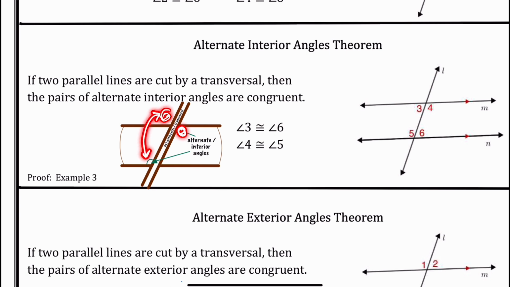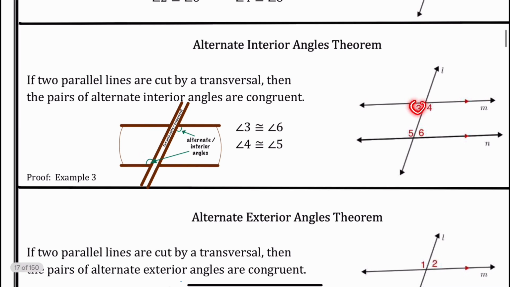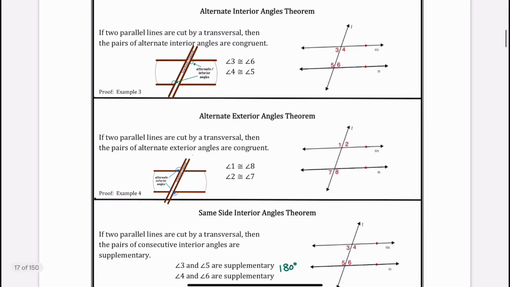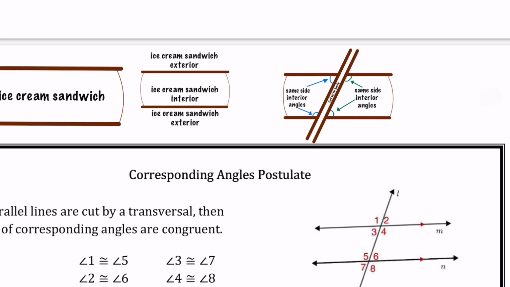So these two would be the same, and so all these alternate interior angles are also the same. So angle 3 and angle 6 are going to be congruent, and angle 4 and angle 5 are congruent. And since this is a figure, we're going to use the congruent symbol instead of the measures. But the measures would be equal if you had an angle in there.